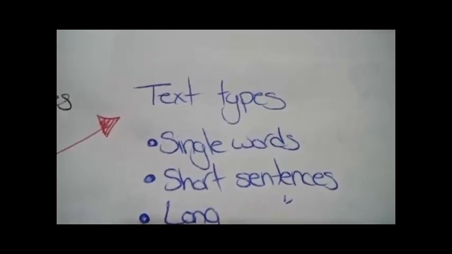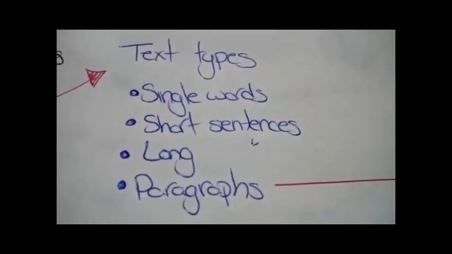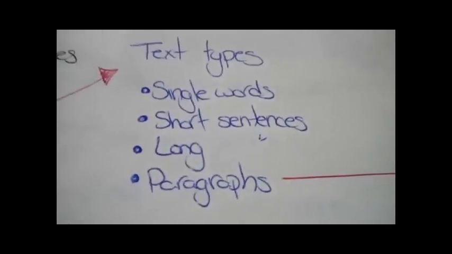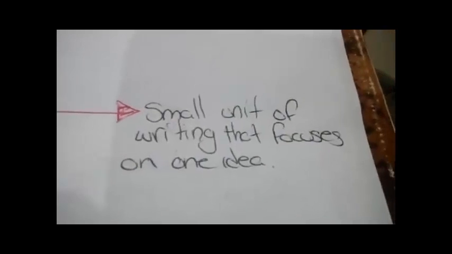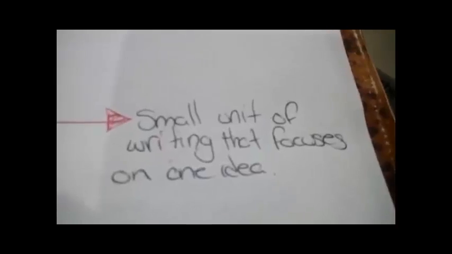There are different text types: single words, short sentences, long sentences, and the paragraph. The paragraph is a small unit of writing that focuses on one idea.